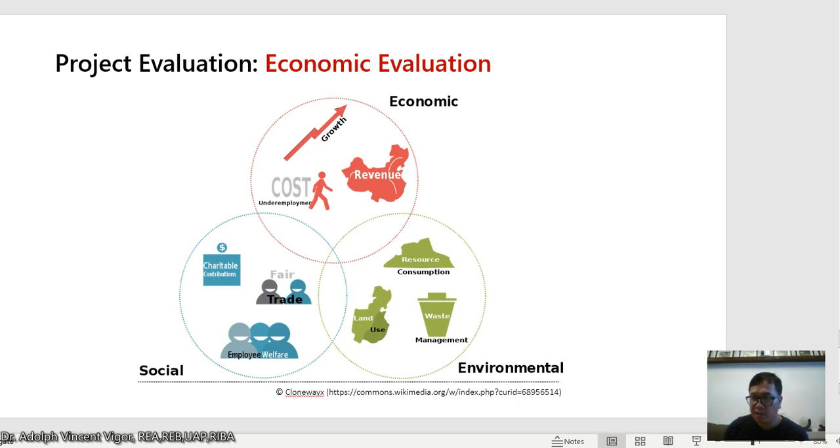How will it help those who are in the area? Then of course the economic, will it generate jobs? Or will it stimulate the local economy? Then of course the environmental, what will be the impact of the project?